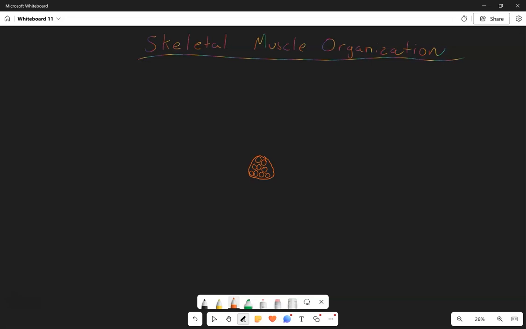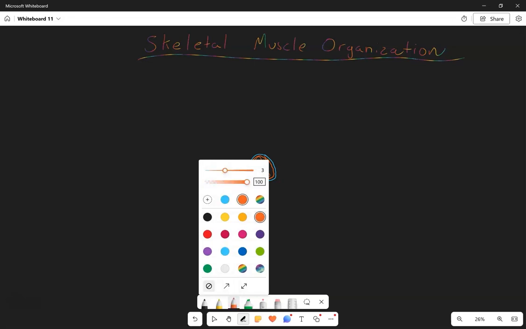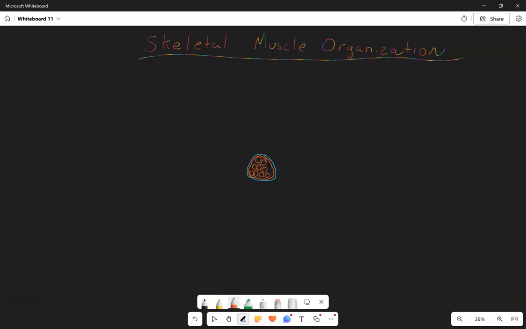Now, each individual muscle cell is surrounded by a thin band of connective tissue, and this is what we refer to as the endomysium. There's going to be a whole bunch of muscle cells that make up a muscle, obviously, so let's just draw a couple of these.